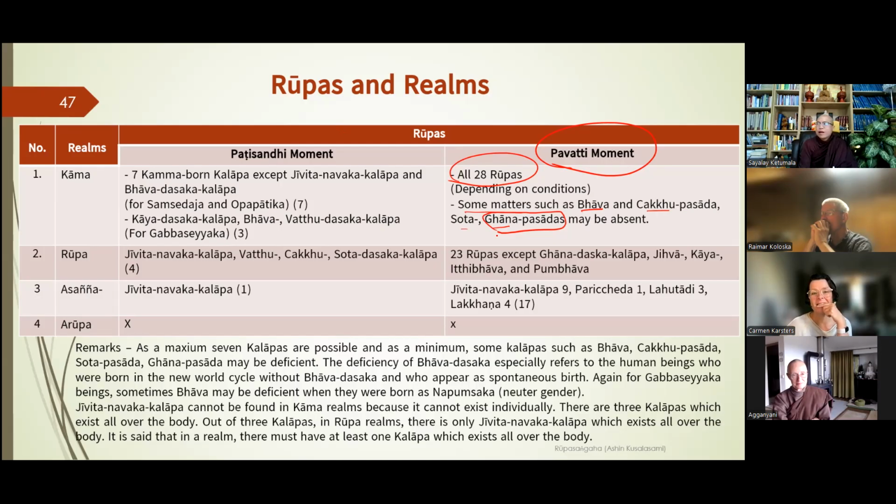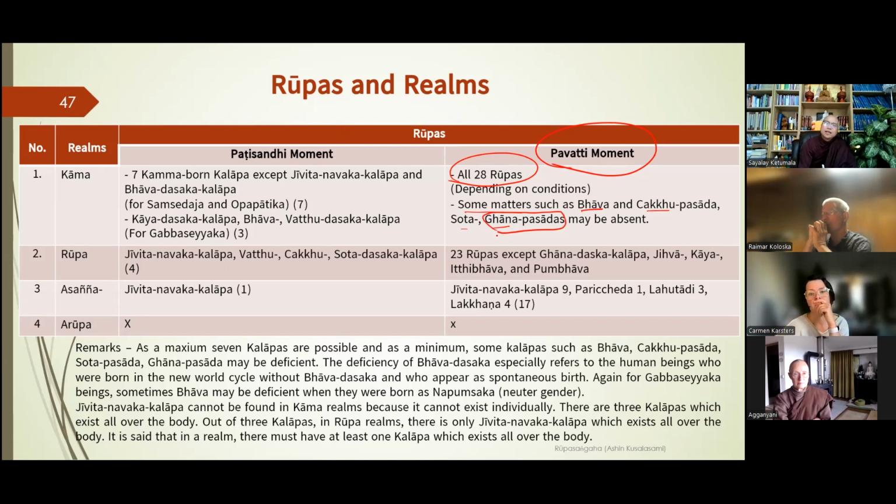Maybe some who have a very serious disease don't have the sense of smell, they cannot get any kind of smell. And one Burmese man who had nose cancer had to have an operation and cut off the whole nose, so he also does not have any sense of smell. So the Ghana Pasada is absent.